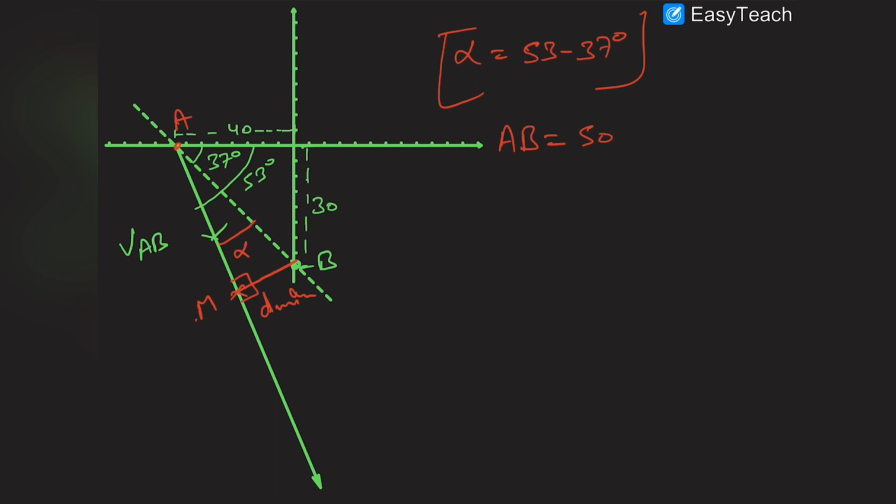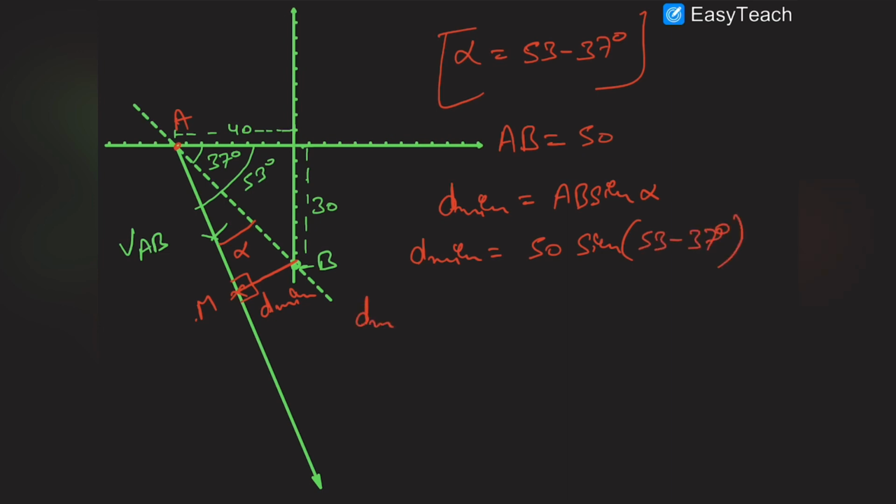So D minimum is equal to AB sin alpha. This is AB, this component AM is AB cos alpha, and this is AB sin alpha. So D minimum is equal to AB, which is 50, times sin of 53 minus 37.